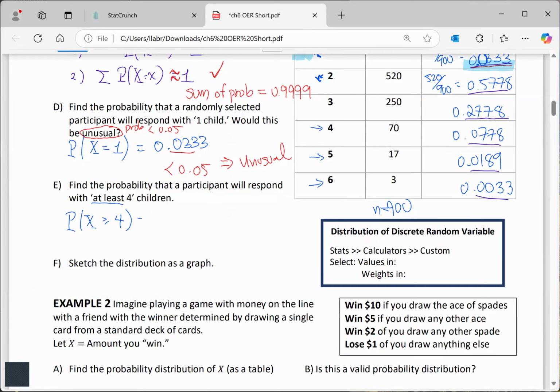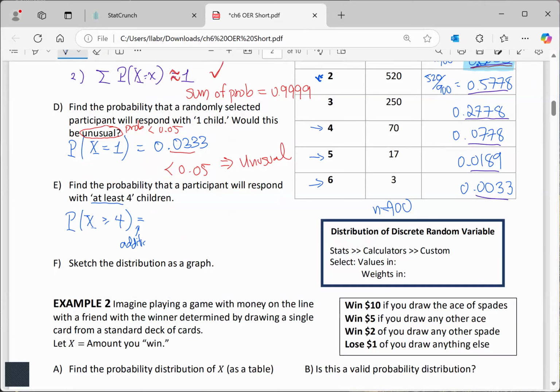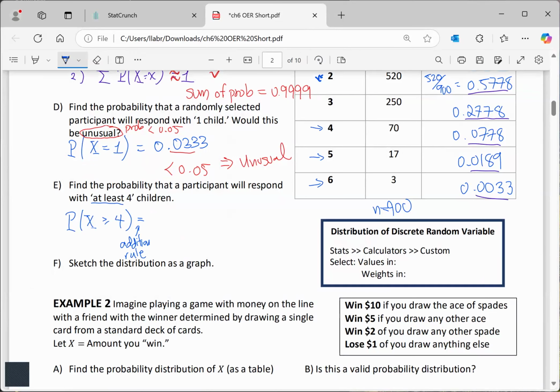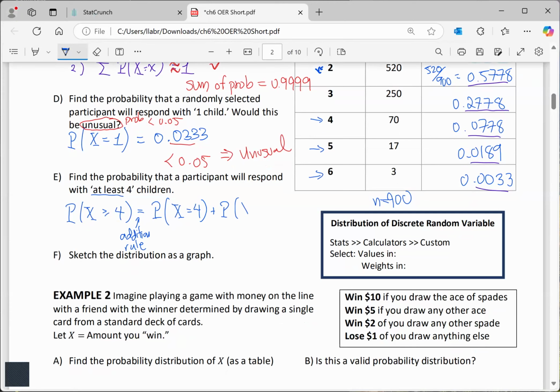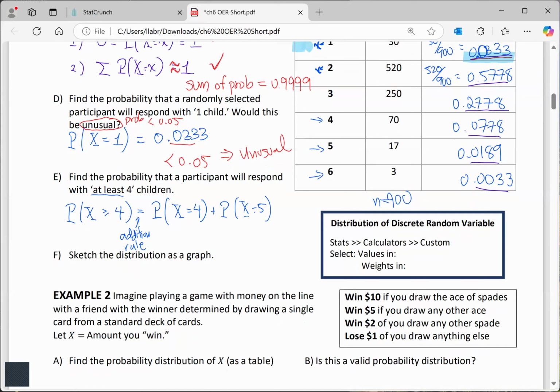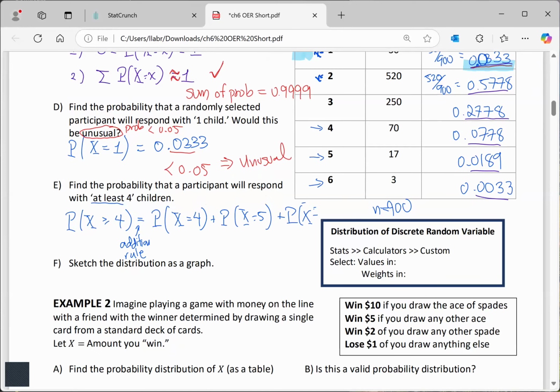And that's kind of nice because here I'm actually going to use the addition rule. And that means that it'll be equal to the probability, because I have disjoint events, that my random variable is 4, plus the probability that the random variable is 5, plus the probability that my random variable is 6.